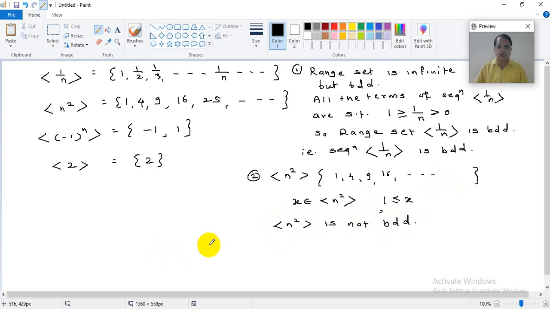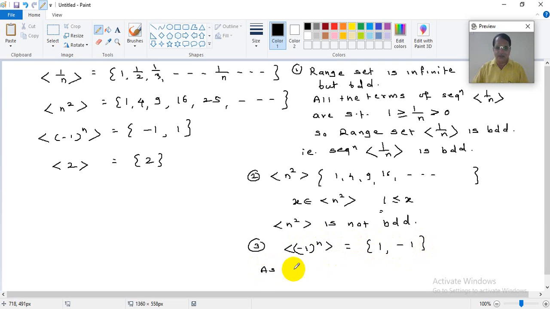What about the third sequence? It is obvious now. This is the sequence (-1) raised to n. When I consider the range set of this sequence, it contains only two terms, 1 and -1. So this is a finite set. The range set of this sequence is finite, and you know every finite set is bounded, right?